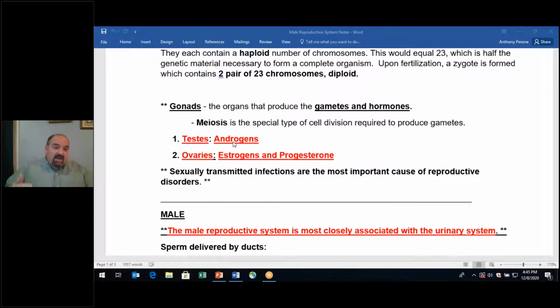These are precursors towards testosterone and estrogen. The androgens are the male hormones, the masculinizing hormones, in particular testosterone, what makes a male. Ovaries produce the estrogens and progesterone, and the estrogens are really the feminizing hormones.